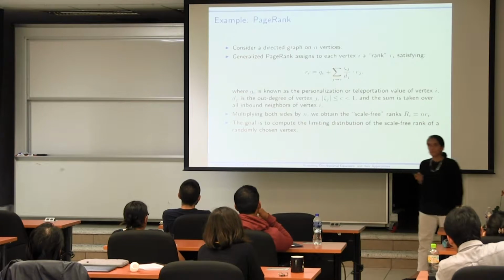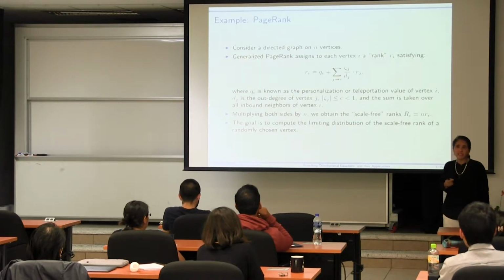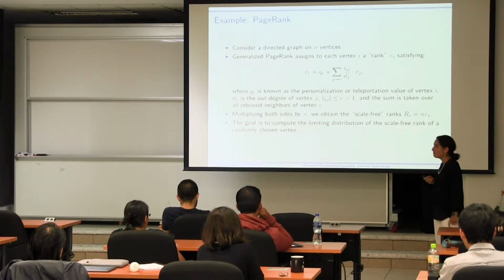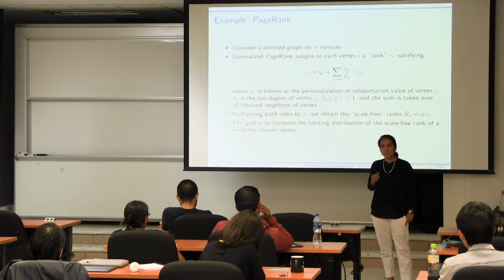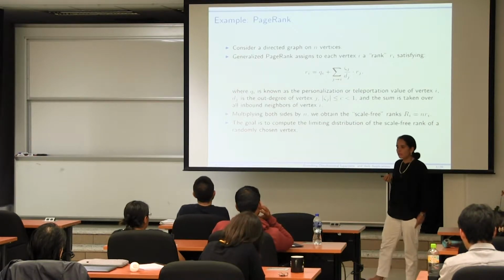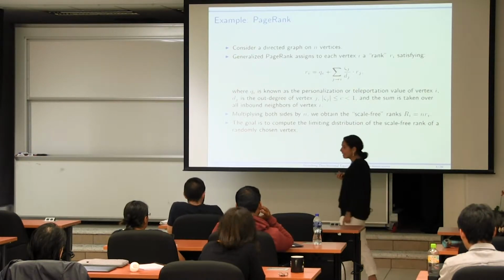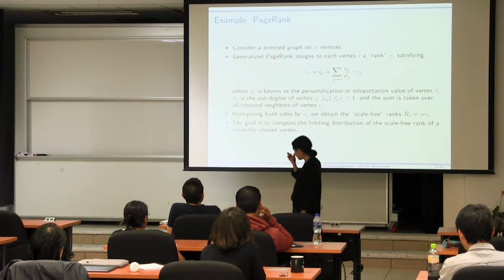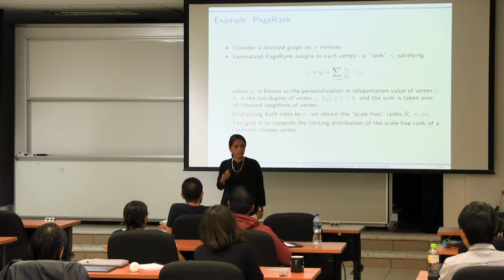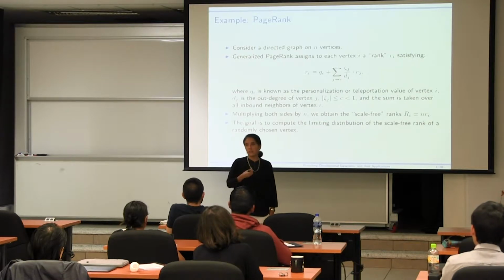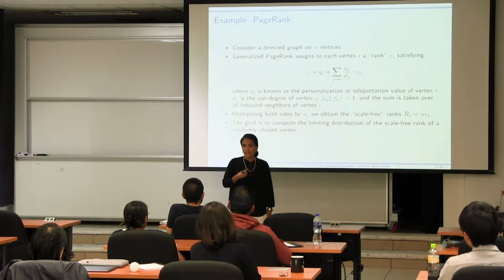Let me start with PageRank. As I said, PageRank is that algorithm that basically allowed Google to rank every website in the World Wide Web. And you would think, well, that sounds rather complicated, but the idea was very, very simple in the sense that Google totally ignored the content of the web pages. So that ranking that you see, at least in principle, has nothing to do with what the page has.